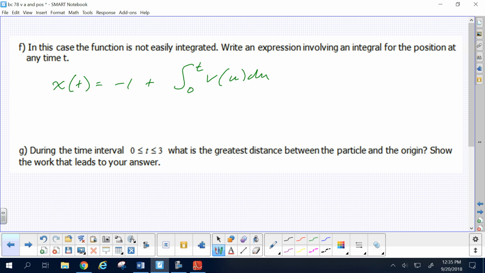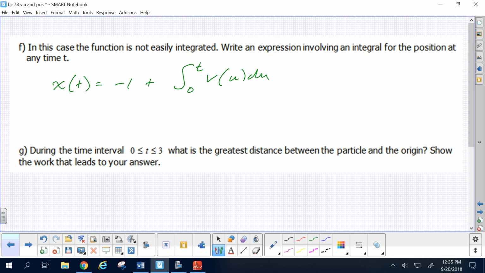During the time interval from 0 to 3, what is the greatest distance between the particle and the origin? What do you call distance from an object to the origin? Displacement. It's not displacement. We call it absolute value.